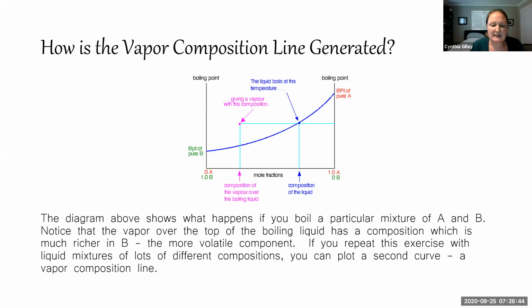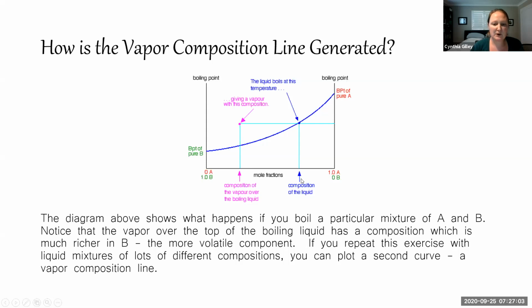So the answer is it can be generated experimentally. For example, you can make an infinite number of mixtures where you have some percentage of A and B. So you can take a lot of different mixtures that would correspond to different points on the x-axis.